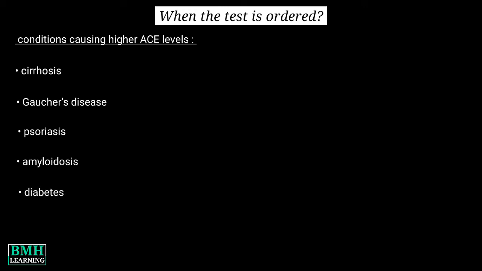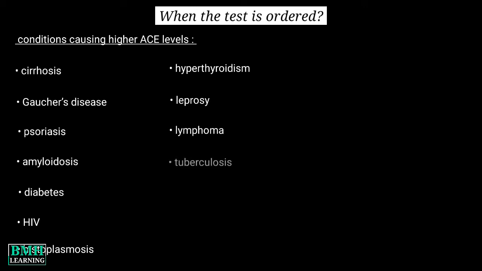Conditions that may cause higher than normal levels of ACE include cirrhosis, Gaucher's disease, psoriasis, amyloidosis, diabetes, HIV, histoplasmosis, hyperthyroidism, leprosy, lymphoma, tuberculosis. But you have to keep one thing in mind: for the confirmatory diagnosis of these diseases, along with the ACE level test, other disease-specific tests are usually done.